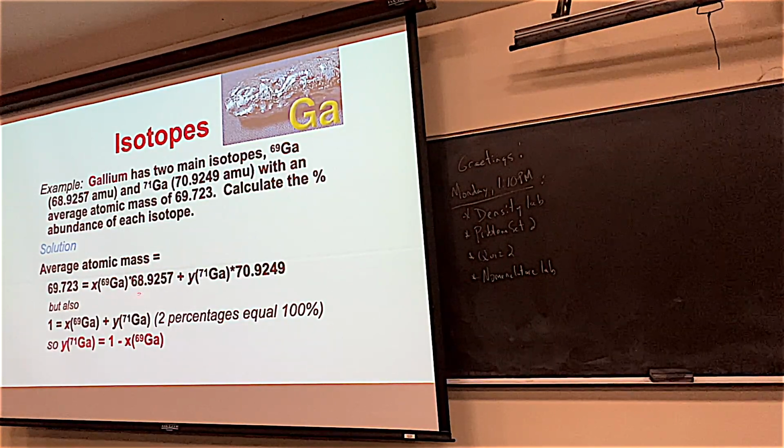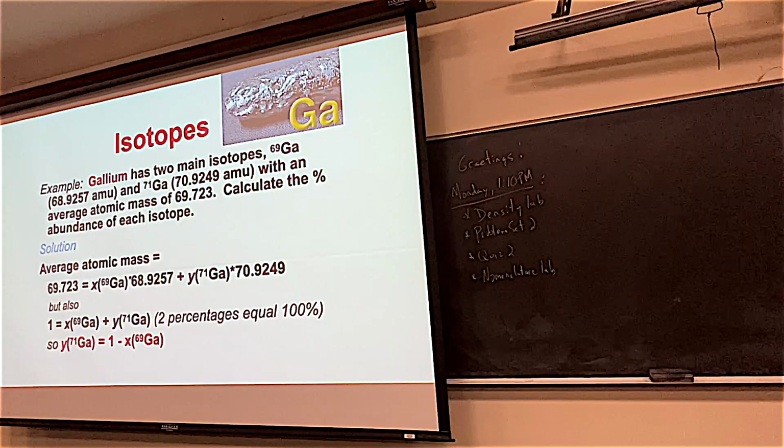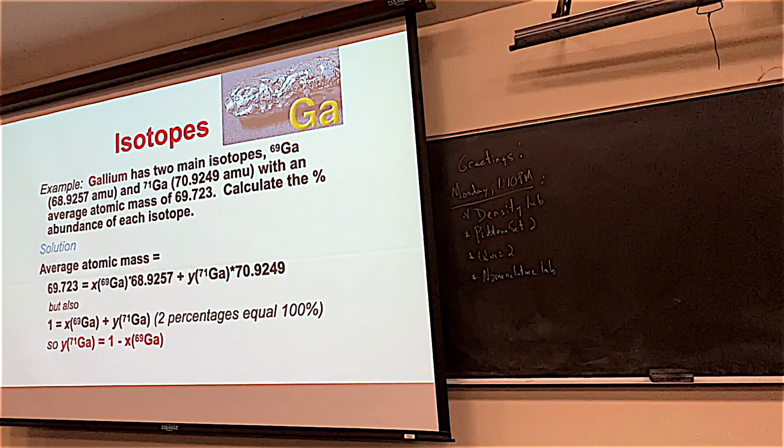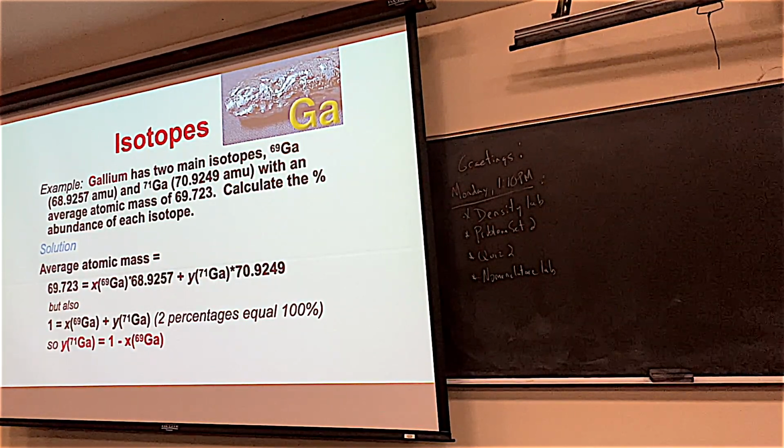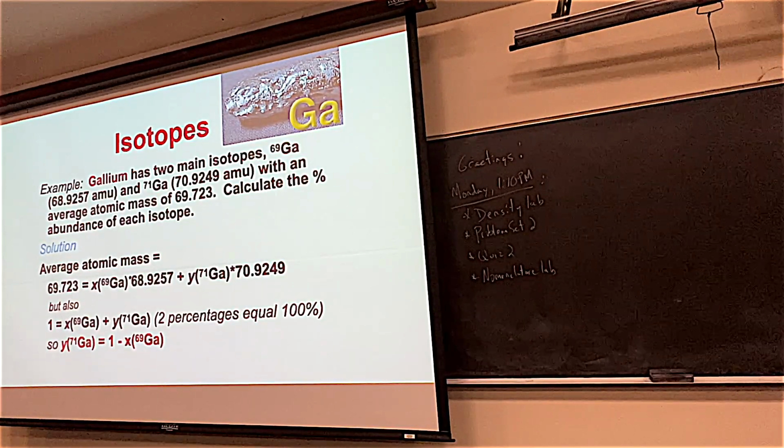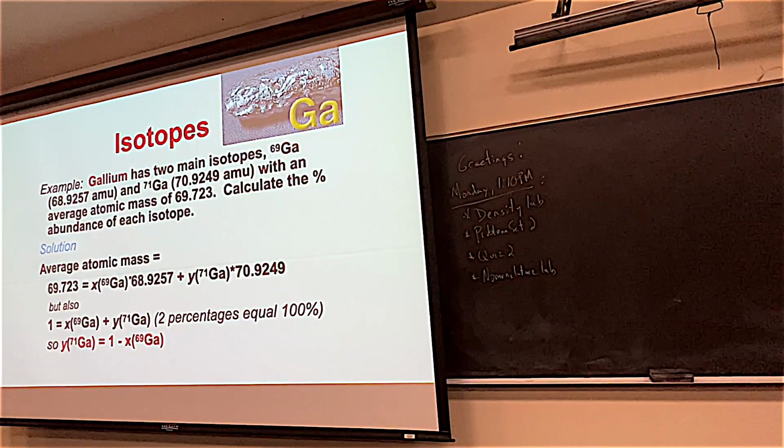X is the abundance of the 69 isotope. So if you see a problem like this, this is how you knock it out. X plus y, the abundance of the first one plus the abundance of the second one, have to equal 100%, which in this case is 1. So you'll let one of them equal 1 minus the other.